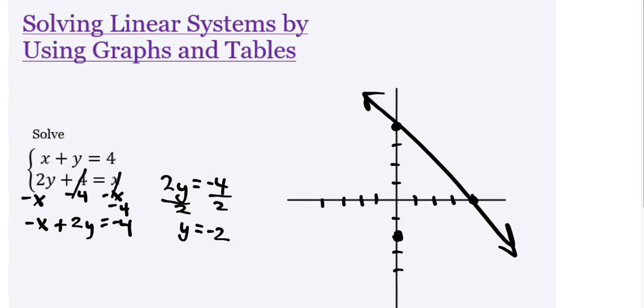Oh, if this way doesn't seem right, that's fine. I'm going to show multiple ways. So if you want to cover up the y's, then this would say negative x equals negative 4. Divide by negative 1 in your head, and you get x equals 4. And that's an x-intercept of 4.